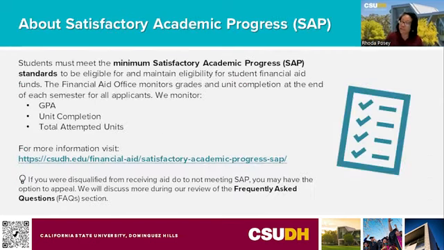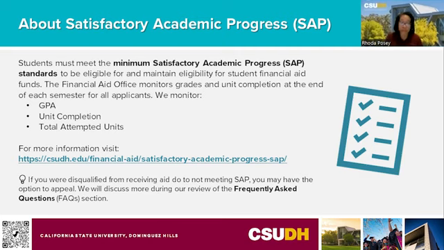About Satisfactory Academic Progress, and we'll get a little bit more into it with your questions, students have to be meeting Satisfactory Academic Progress to maintain their eligibility for aid. We monitor grades and unit completion at the end of each semester. What are the 3 categories that we specifically monitor? GPA, unit completion, and total attempted units.